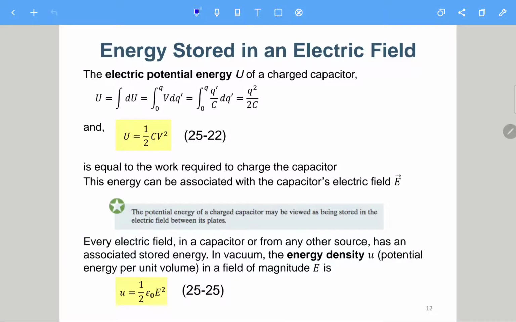So now we'll talk about the energy stored in the electric field or in a capacitor.